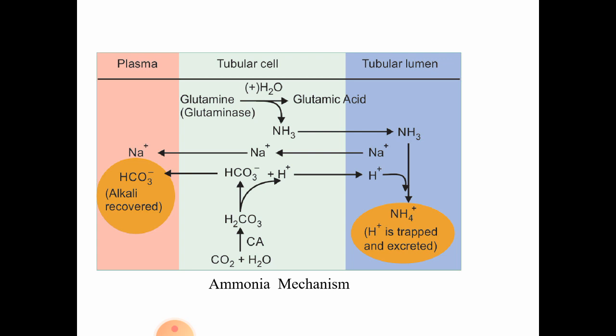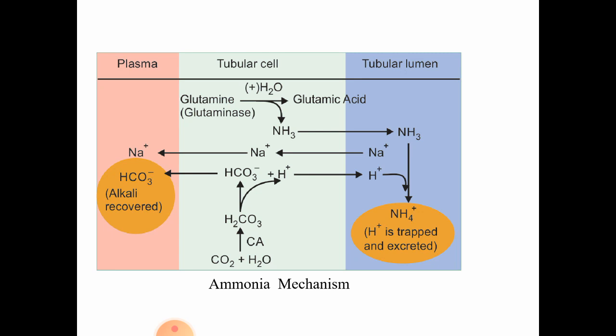This figure explains the ammonia mechanism. You can see the same thing: carbon dioxide plus water in the presence of carbonic anhydrase forms carbonic acid, which breaks down to bicarbonate and hydrogen in the tubular cell. Bicarbonate is reabsorbed to plasma, and hydrogen moves out in exchange with sodium.